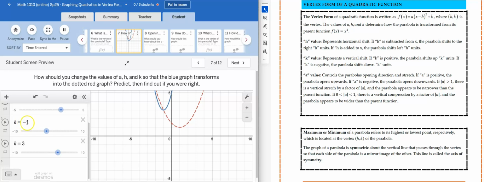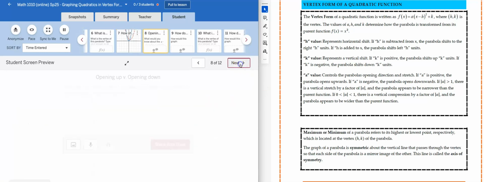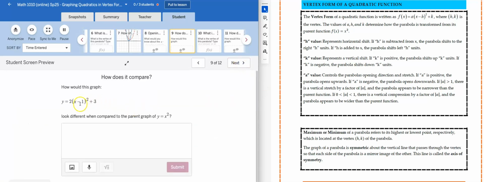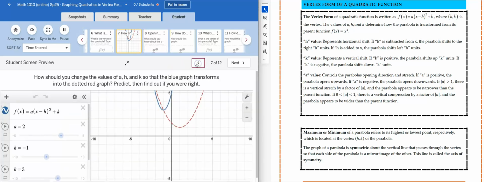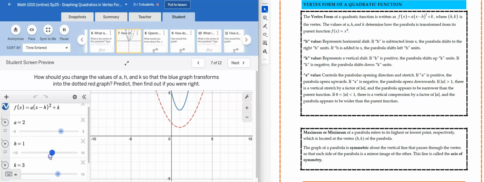This one gets a little bit confusing because in our formula, it says x minus 1. But that makes it 0, right? So 1 is what makes it 0. So I should have put a 1 in here, not a -1. And now we can see that that's what's happening.